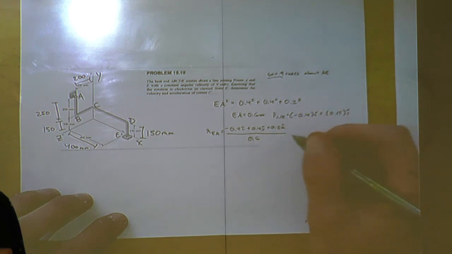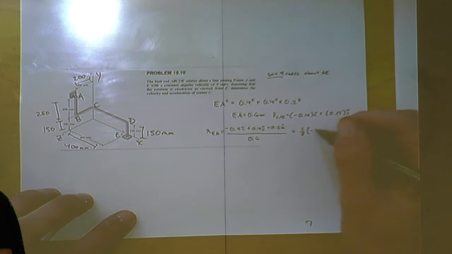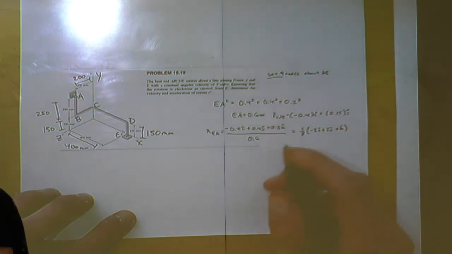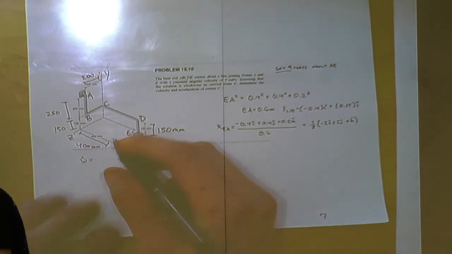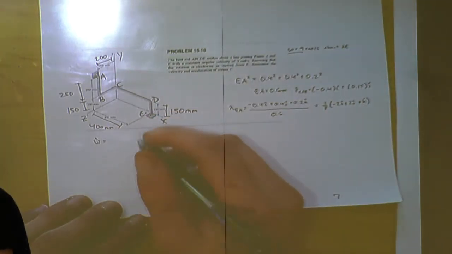And that's going to give us 1/3 negative 2I plus 2J plus K. And that allows us to get a vector for the angular velocity.